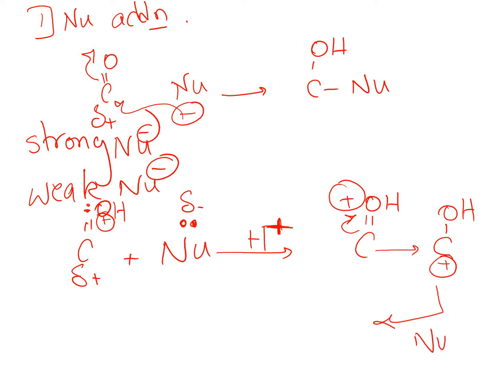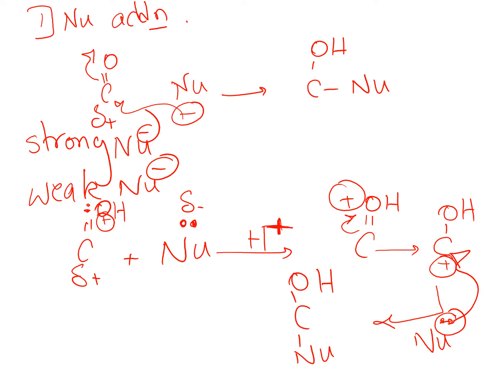Now a weak nucleophile can attack this carbon, giving the same product, which is a carbon attached to the OH and the nucleophile. So in both cases you have the same steps. The only difference is in the arrangement or the sequence of these steps. In both cases you have to break the pi bond between the carbon and the oxygen, you have to attack the carbon by a nucleophile, and then you protonate the oxygen that is now carrying a negative charge.